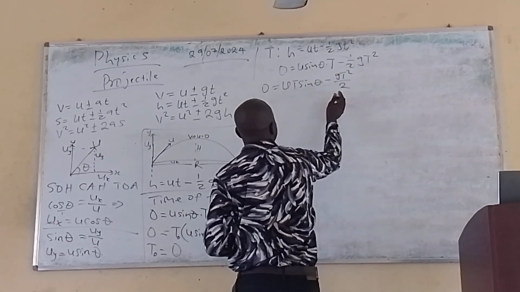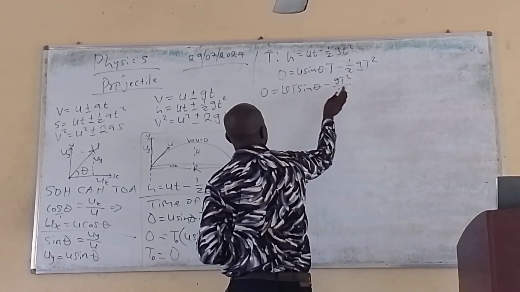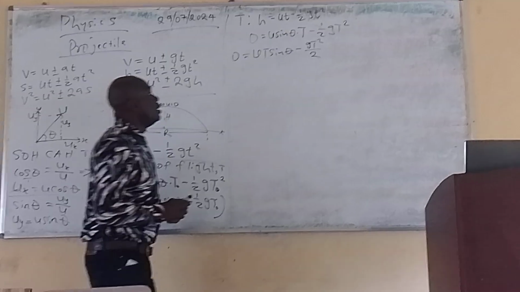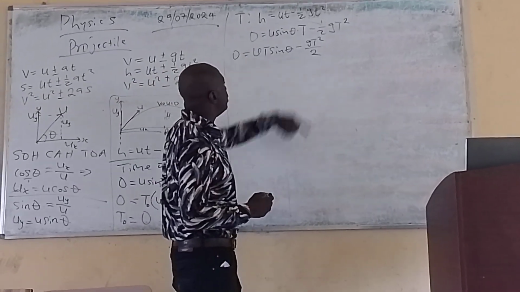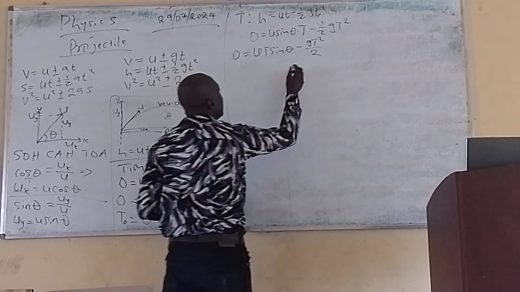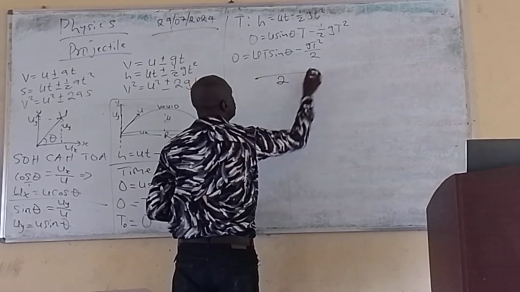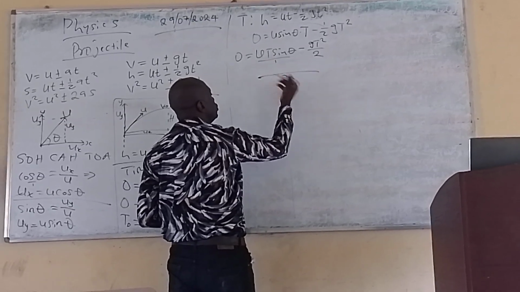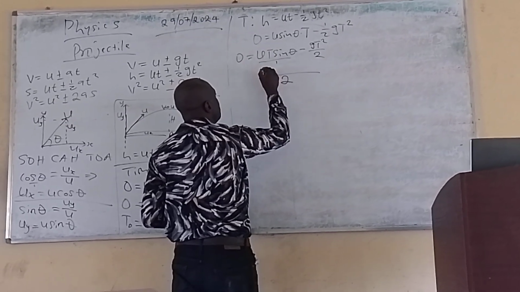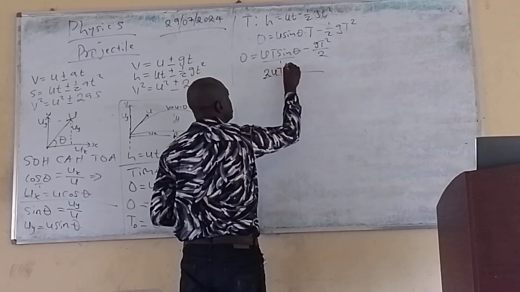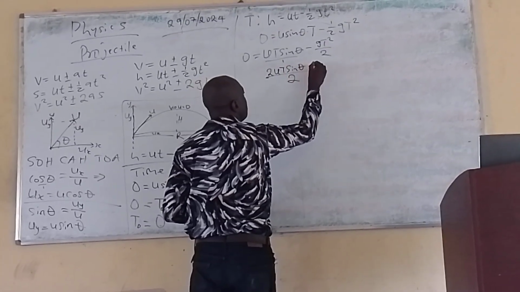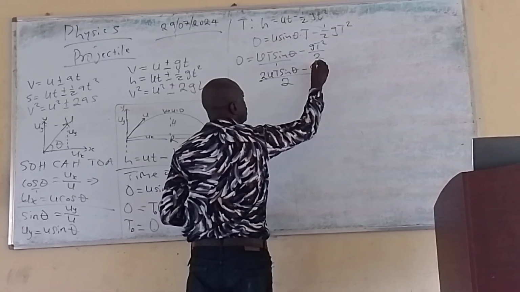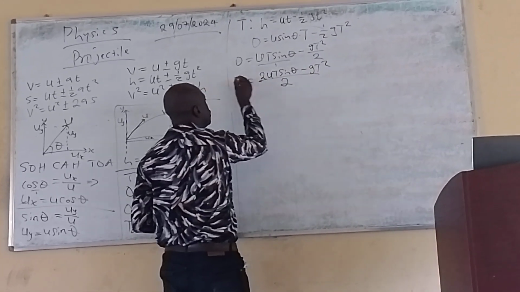In this case, I can make the LCM, sorry. Making the LCM of this, you now have something like 2. 1 into 2 is 2, 2 into this will now be 2ut sine theta, minus 2 into 2 is 1, multiply this one to be gt squared equals to 0.